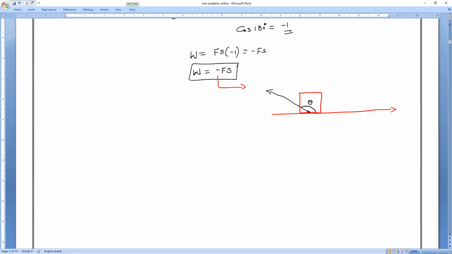So this is the direction of force. Now the object is at A and it started moving in this direction. So displacement is in this direction, but force is in this direction. So is it negative work done or positive work done? Negative work done. That is what you have to remember.